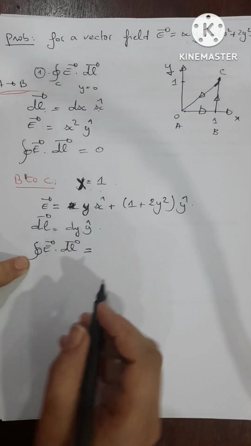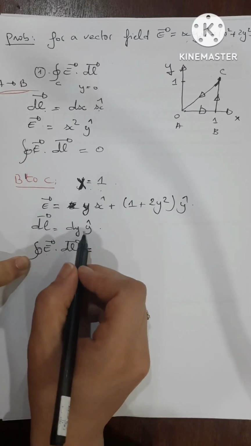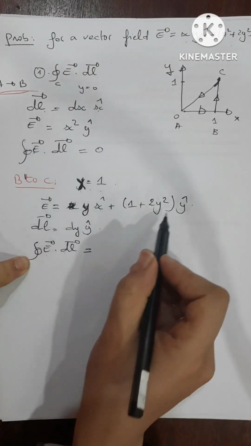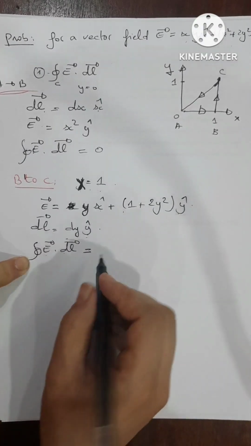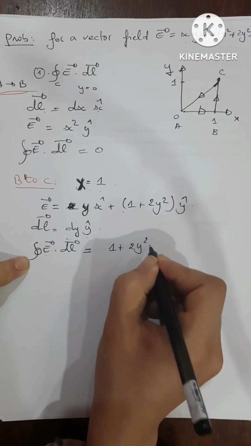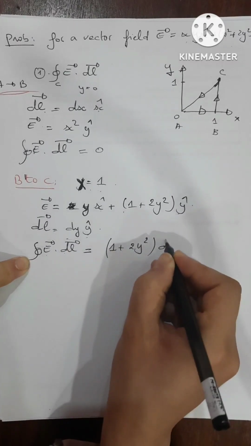Now E·dl: x times y is 0, so we have just the second part. So it is 1 plus 2y squared dy.